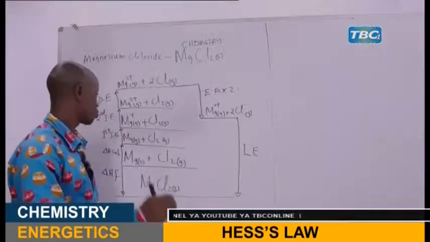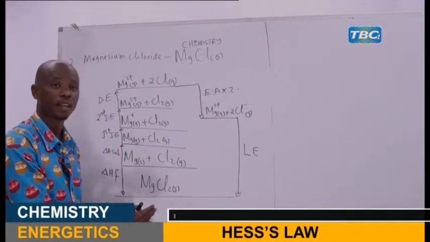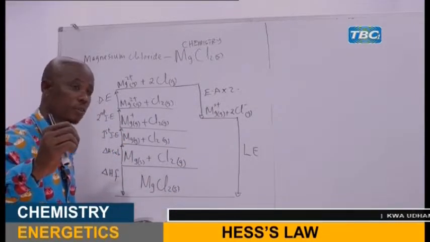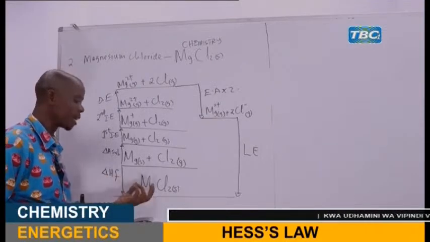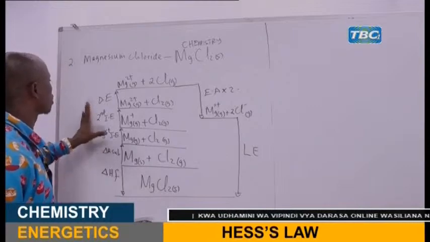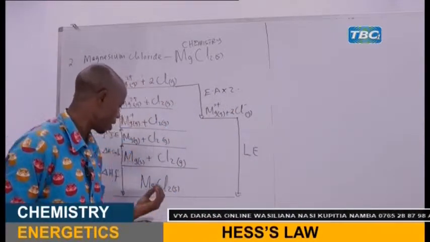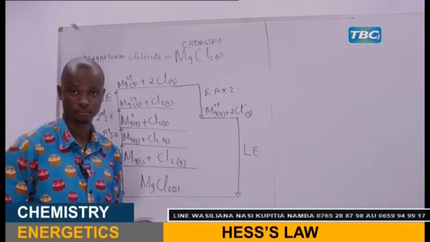So, my dear students, from this Born-Haber cycle, we can formulate the formula here. Application of Hess's law: the enthalpy of formation of magnesium chloride is the summation of the enthalpy changes of all the steps involved in forming ionic magnesium chloride solid.